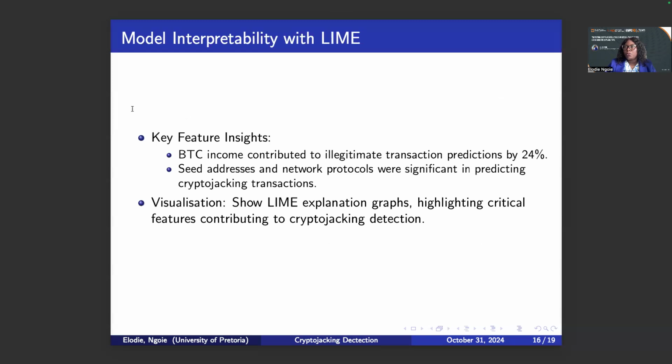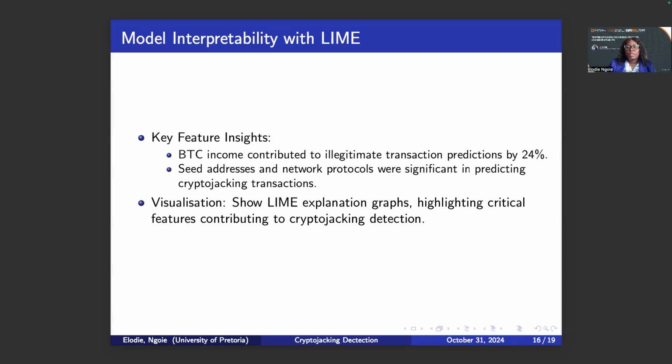When it comes to model interpretability, LIME allowed us mostly to delve deeper into feature contribution. So, which feature contributed to the predictions that we have.